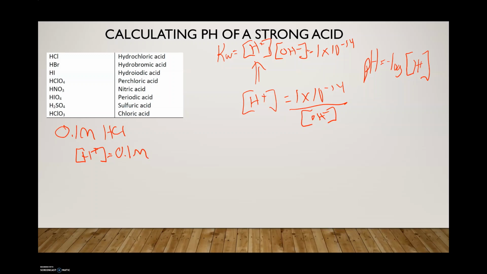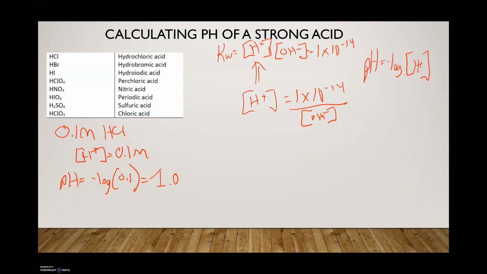So to figure out the pH of the solution, all we have to do now is take pH is equal to negative log of 0.1 molar. Plug that in and make sure you do not forget the negative log. And what we end up with is 1.0 for that pH.